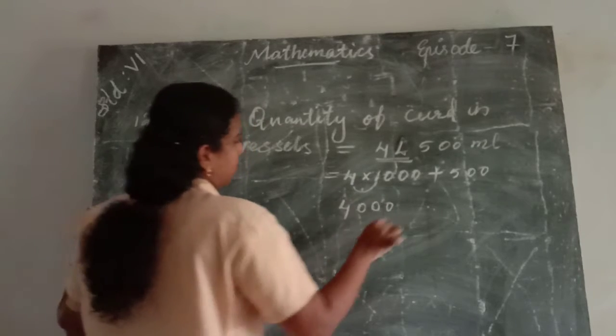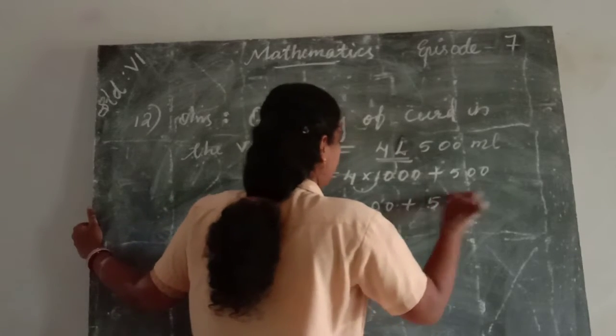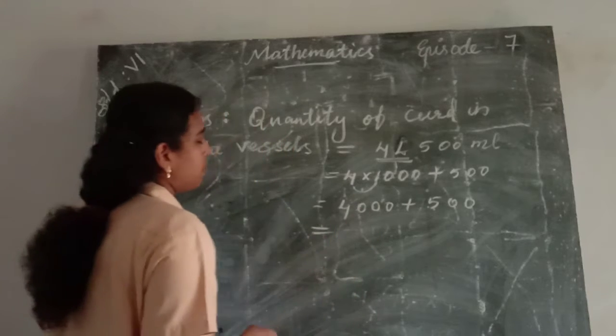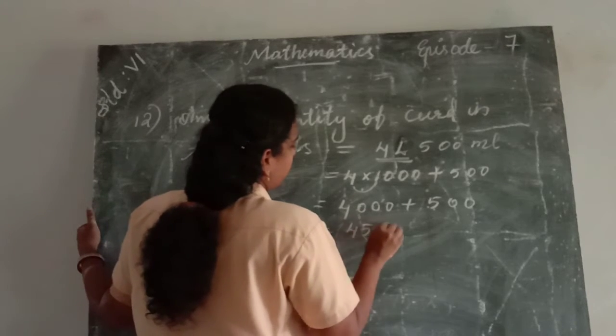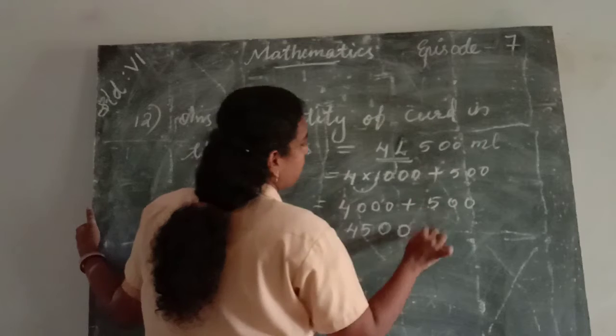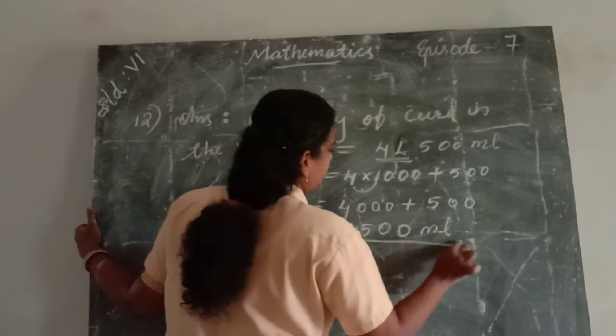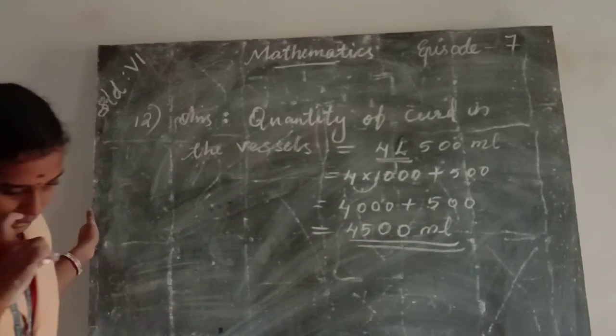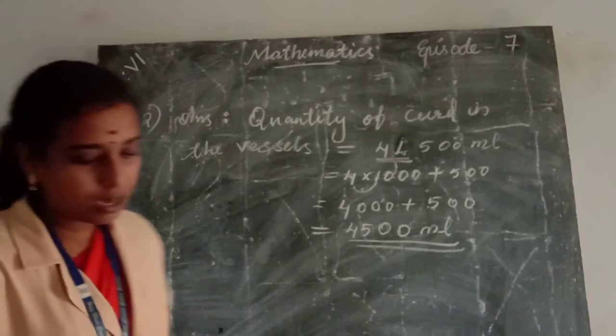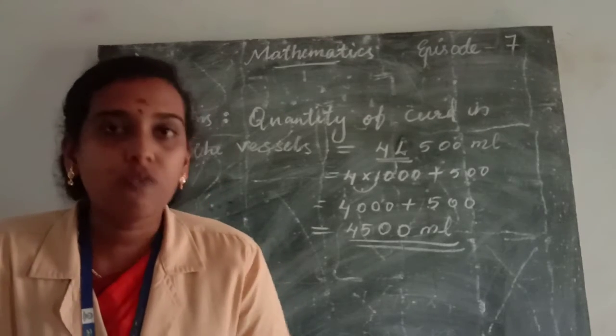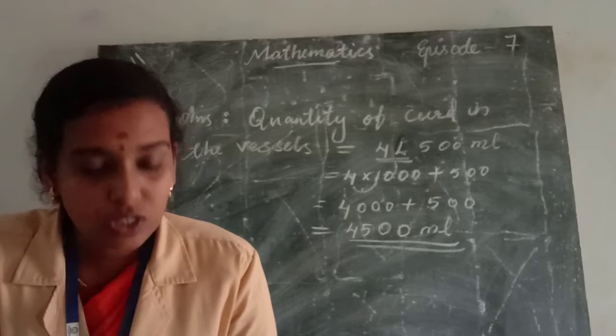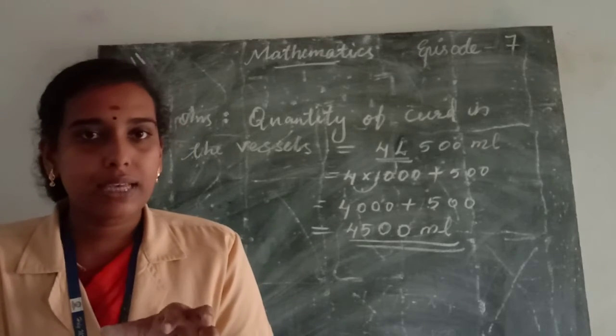Put 3 zeros, plus 500. And we get 4000 plus 500, we get 4500 milliliter.